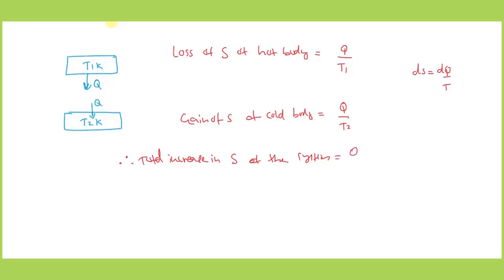Gain is Q by T2 and the loss is minus Q by T1. Loss is negative, gain is positive.